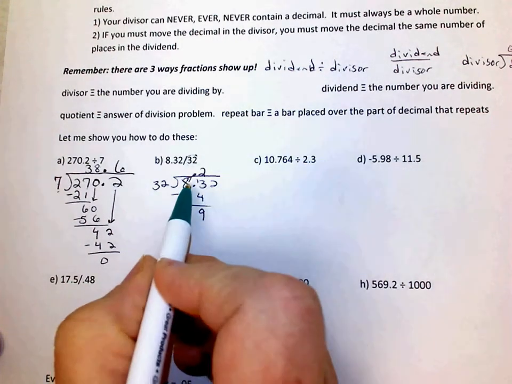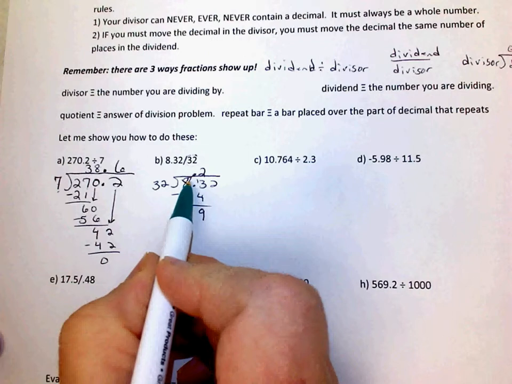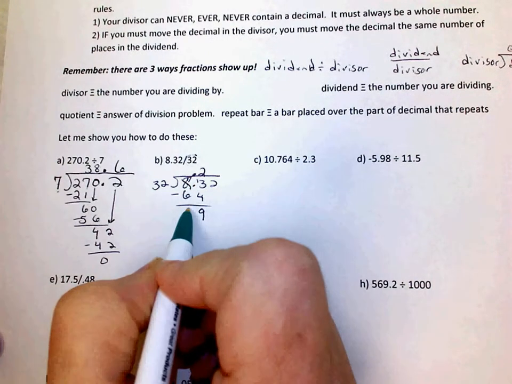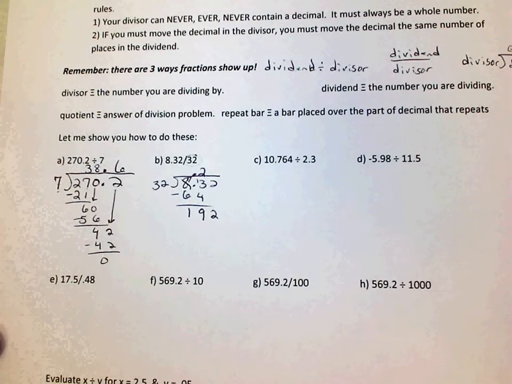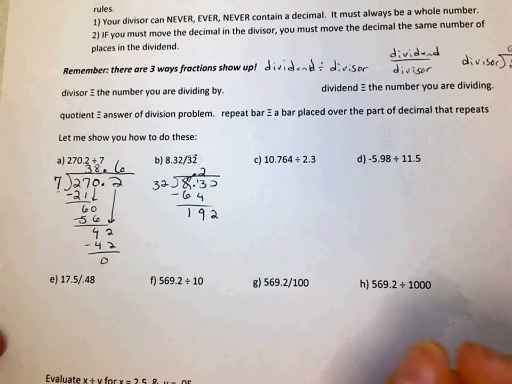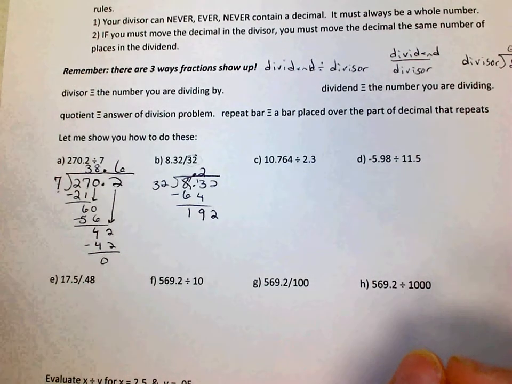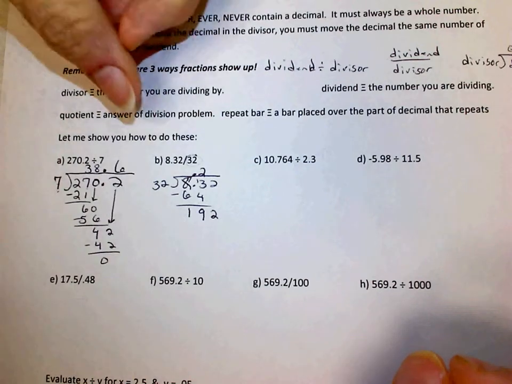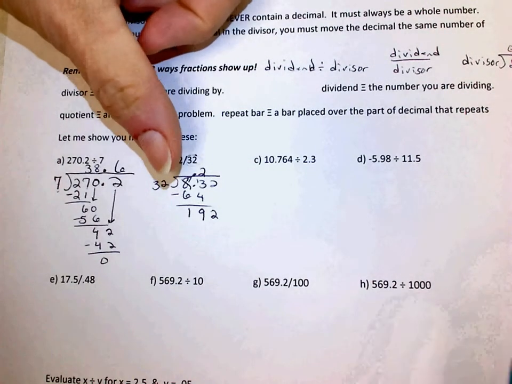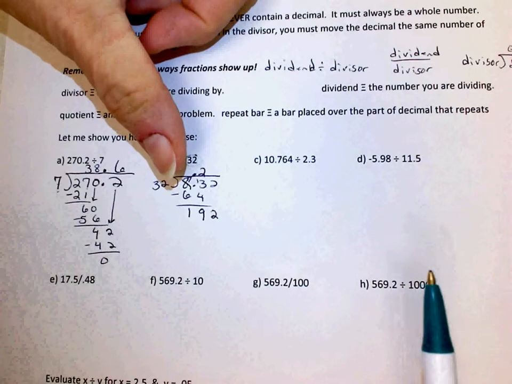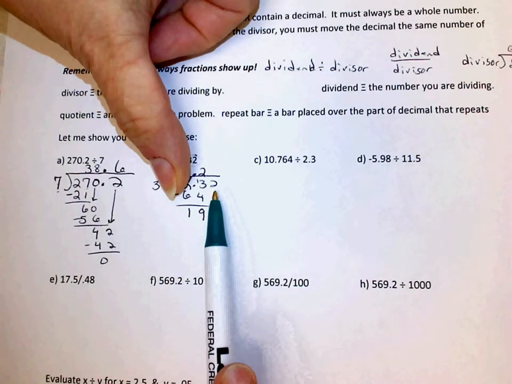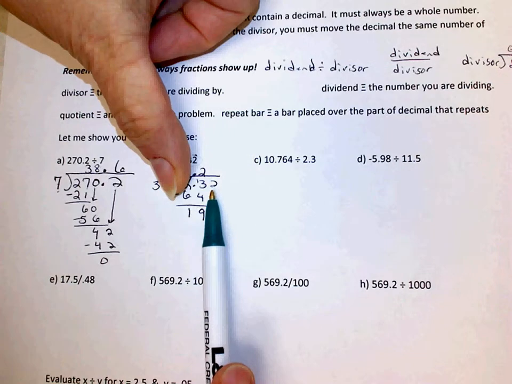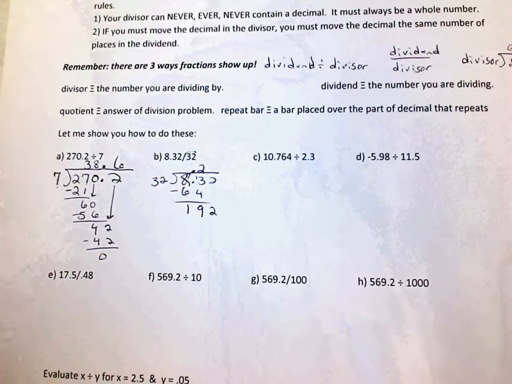And notice we're not using our decimal. 7 minus 6 is 1. And then 2. I don't outright know how many times 32 goes into 192, but I'm going to cover up my 2 here, and I'm going to cover up one digit here. 3 goes into 19 about 6 times.